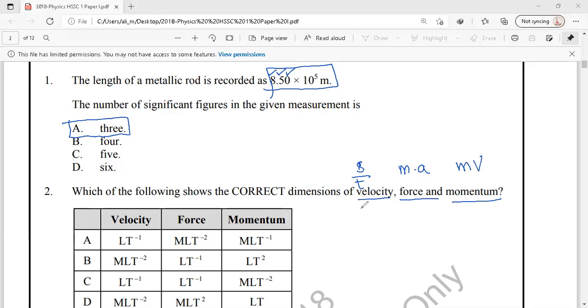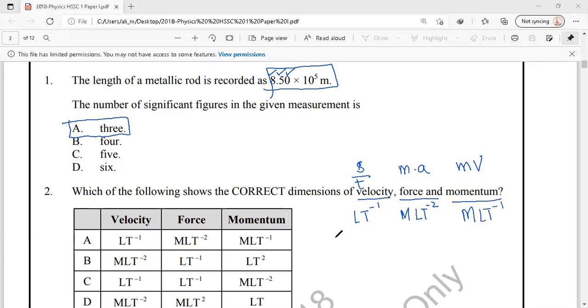So the dimension for the velocity is LT^-1. The dimension for force: dimension for mass is M, and the dimension of acceleration is LT^-2. For momentum, the dimension of mass is M, and for velocity it is LT^-1.